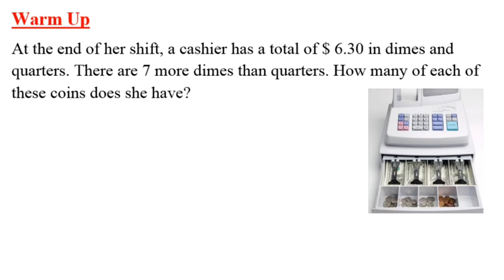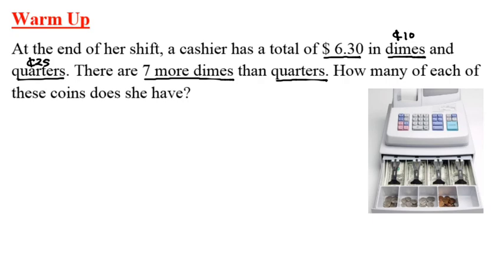At the end of her shift, a cashier has a total of $6.30 in dimes, that is 10 cents, and quarters, that is 25 cents. There are 7 more dimes than quarters.